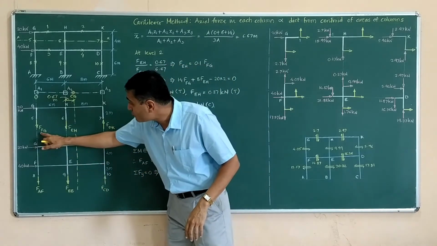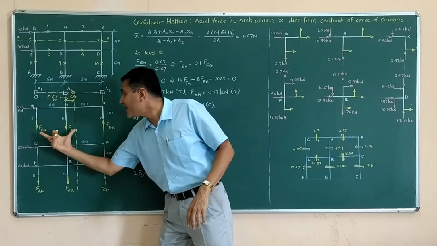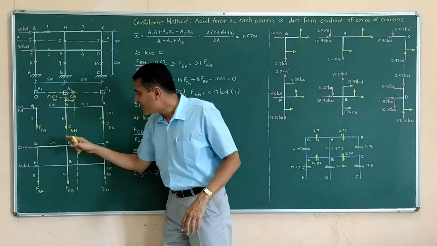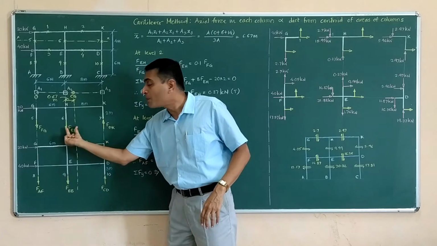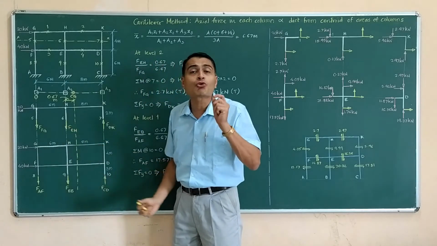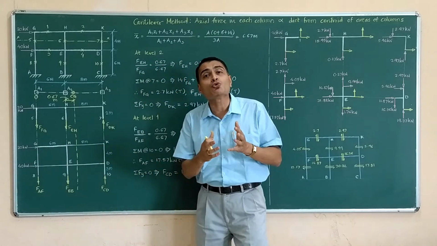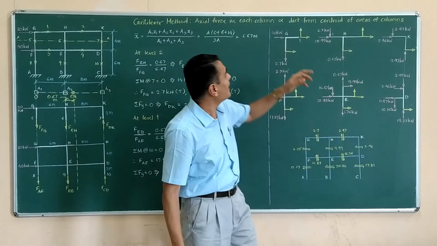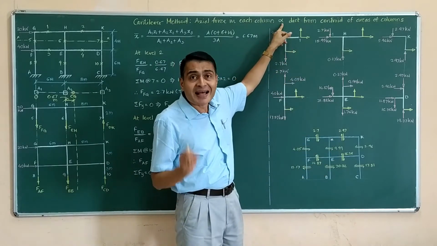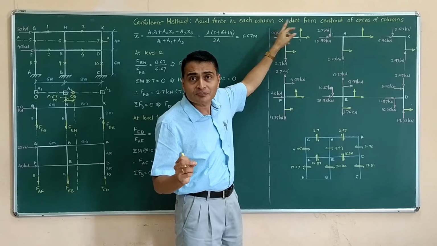So F of FG upon its distance is equal to F of EH upon its distance from the centroid. I am using proportionality, and that is what the assumption is about.